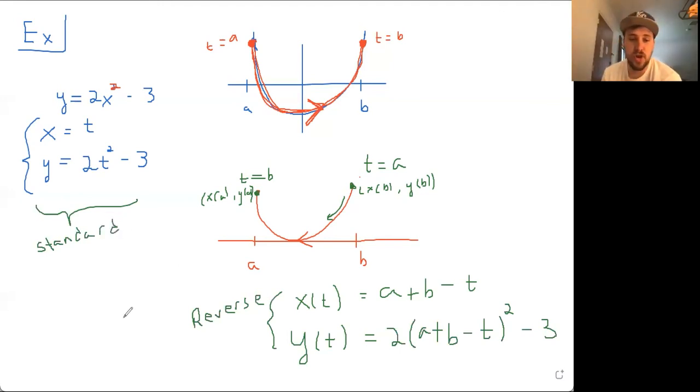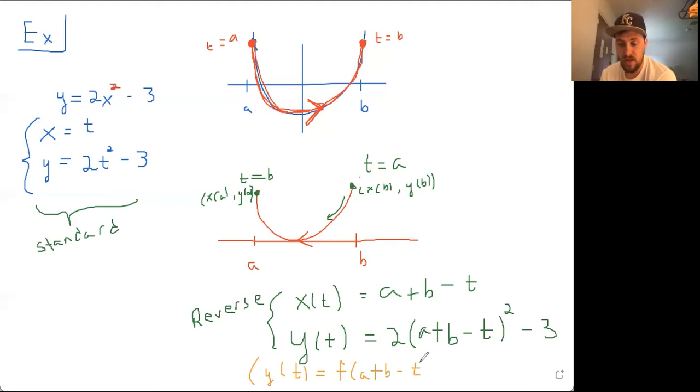And that's true in general, right? So maybe I'll write the general case down here in orange. In general, it would be y of t equals your function, but evaluated at a plus b minus t.